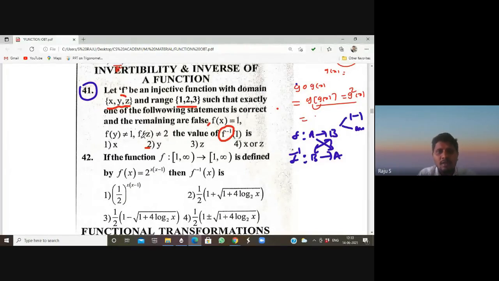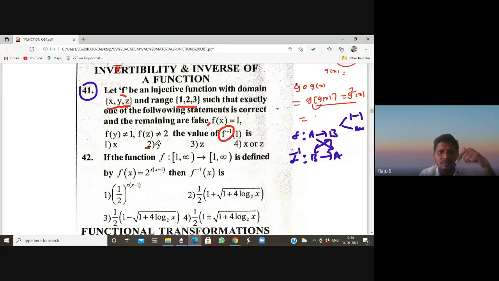That is obvious. So then how can you check it? Three cases they given here. Three different cases. F of x is equal to 1, and in that case we have to check whether it is one-one or not. Then f of y not equal to 1, we have to check it. F of z not equal to 2, we have to check it.